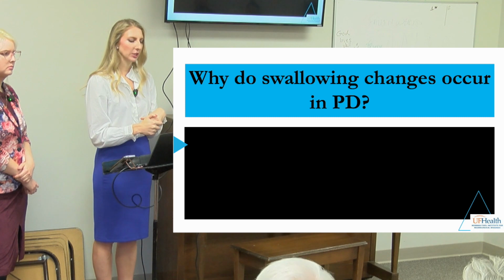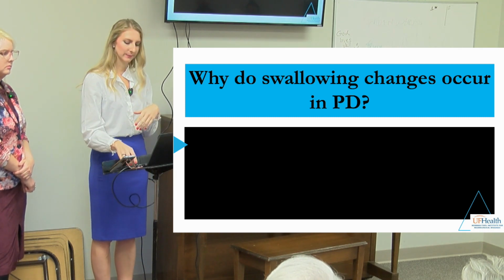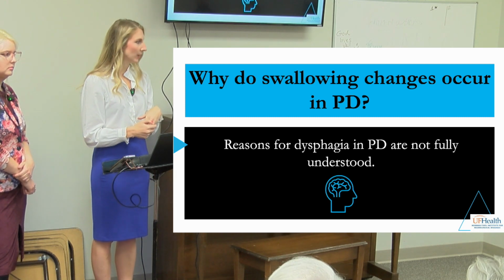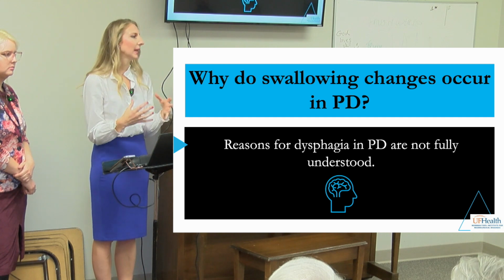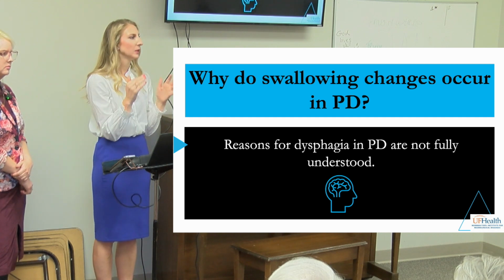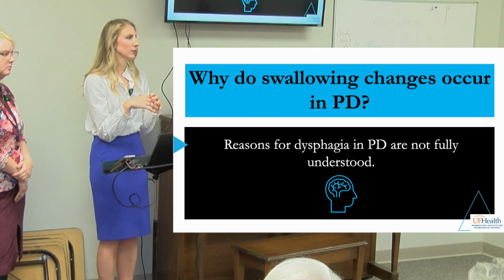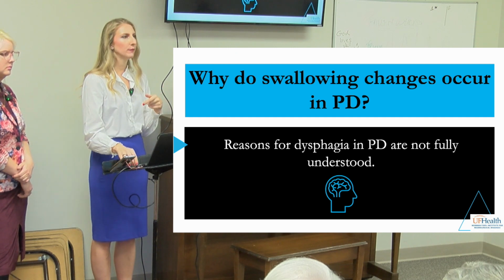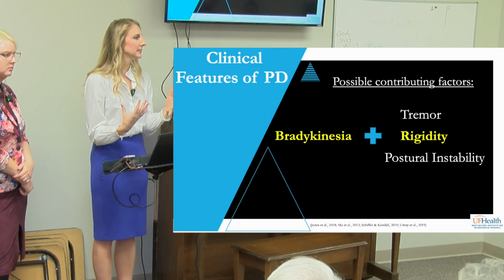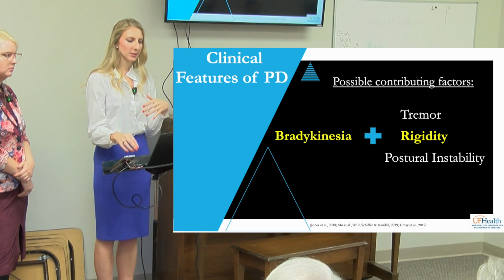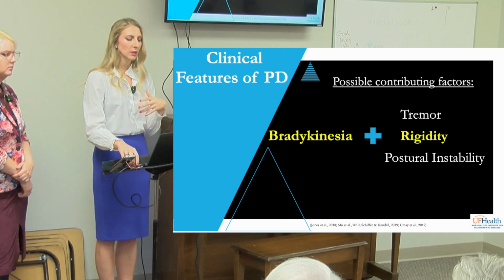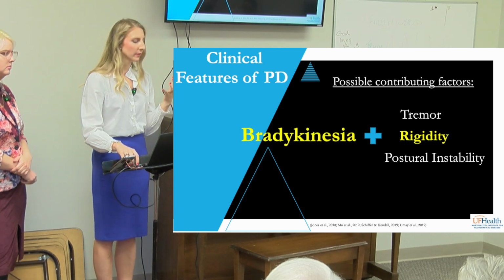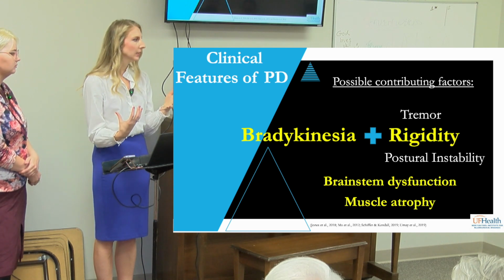So why do swallow changes occur in Parkinson's disease? We don't know. It's so complex that we haven't really delineated what's going on. We know that the typical features of Parkinson's can contribute. So going back to those key clinical features, we think that the bradykinesia and the rigidity play a role.